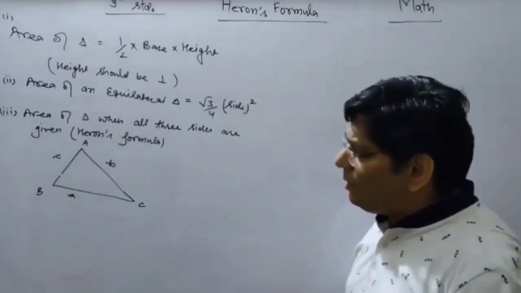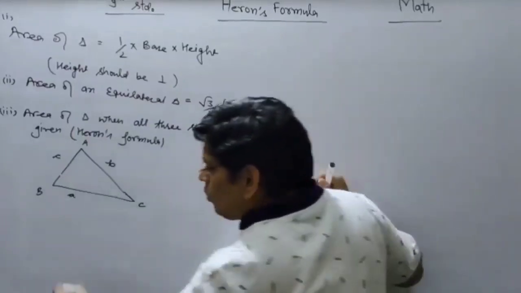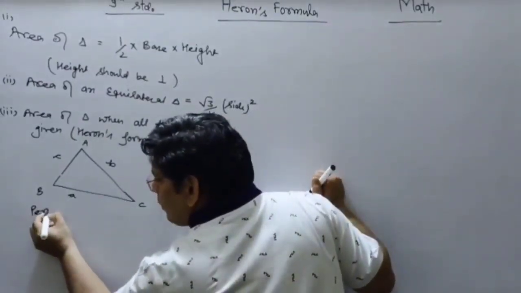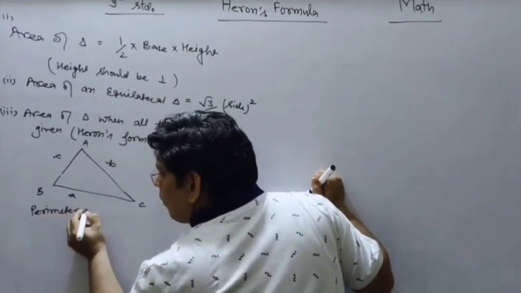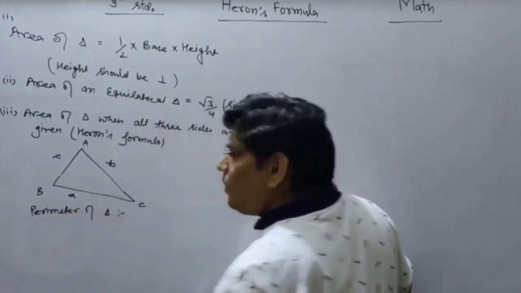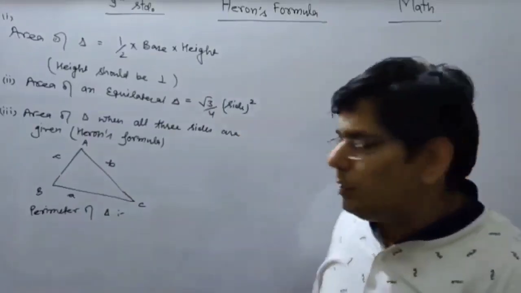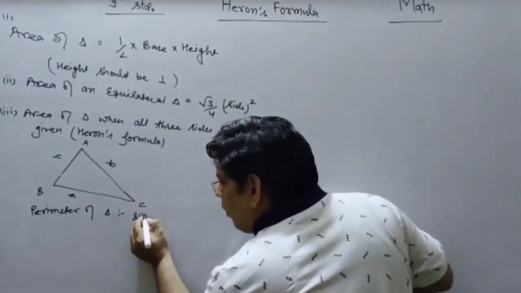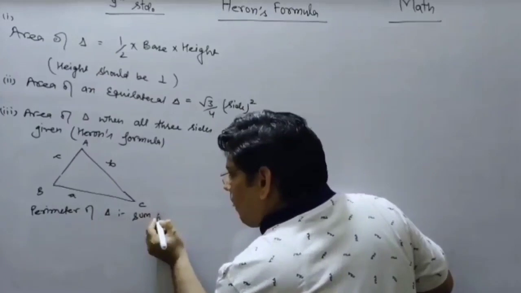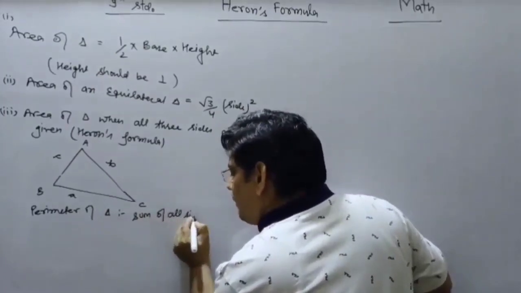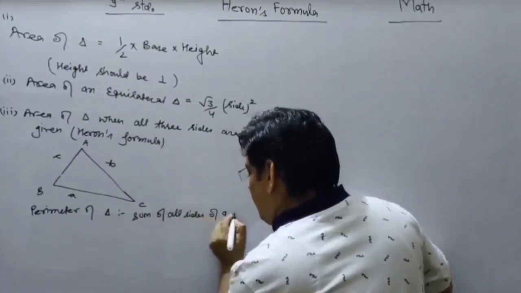Before we start Heron's formula, we should know the perimeter of a triangle. What is the meaning of perimeter? Perimeter means the sum of all sides of a triangle.